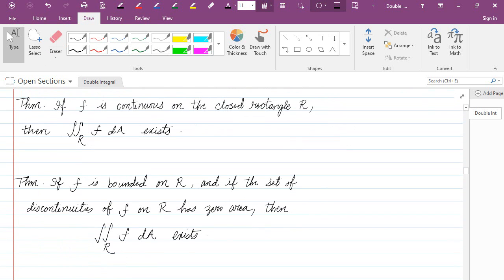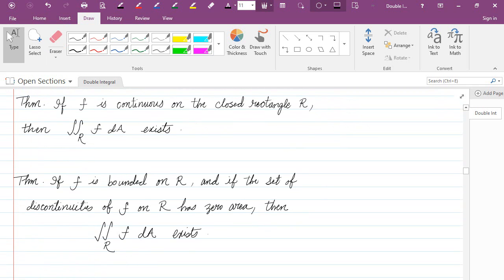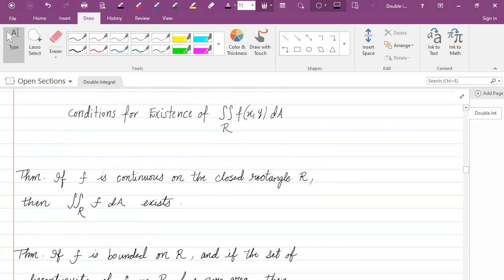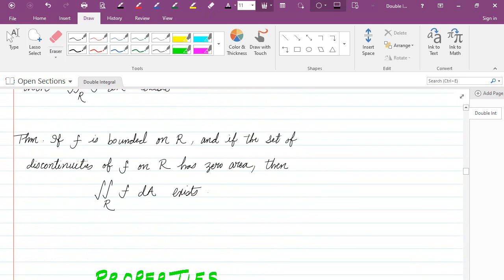And a little bit more general theorem is that if f is a bounded function on the rectangle R, and if the set of discontinuities of f on R has zero area, then the double integral of f over R exists. Okay. So these two theorems tell us under what conditions the double integral exists.